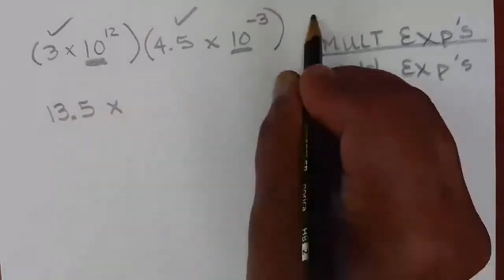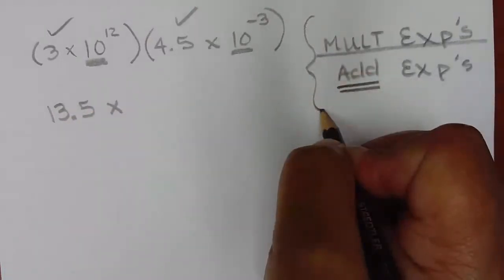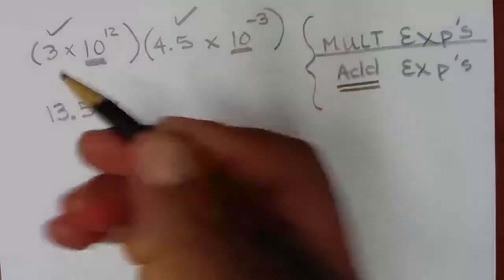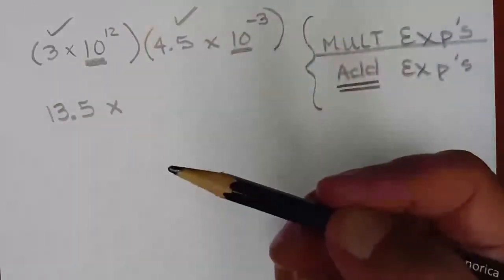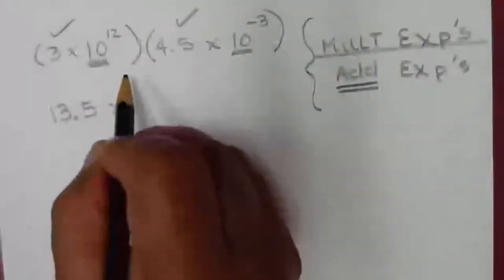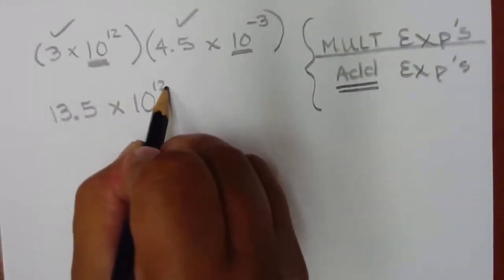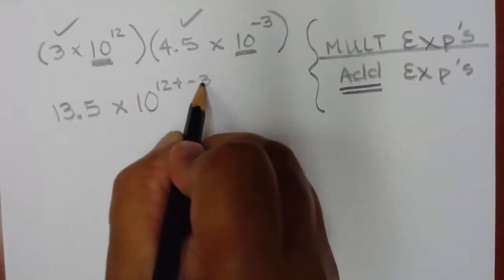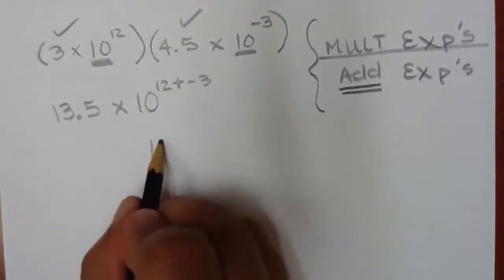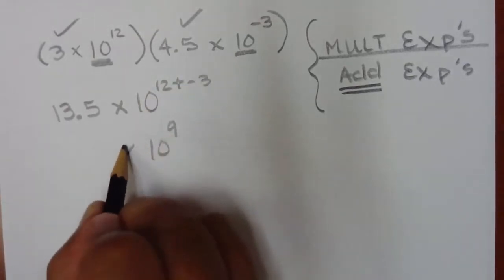And then you use this rule for exponents to handle the exponents. So we're multiplying here. That's what parenthesis times parenthesis means. And when you add these exponents, it's 12 plus negative 3, which is the same thing as 12 minus 3. So you have this exponent.